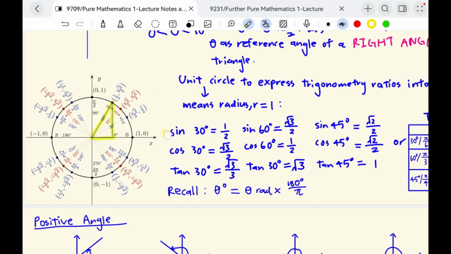You can use the sine, cosine, tangent graphs to illustrate it.